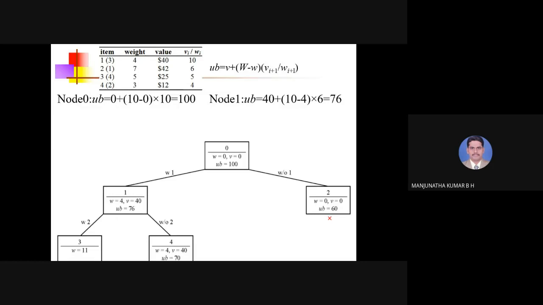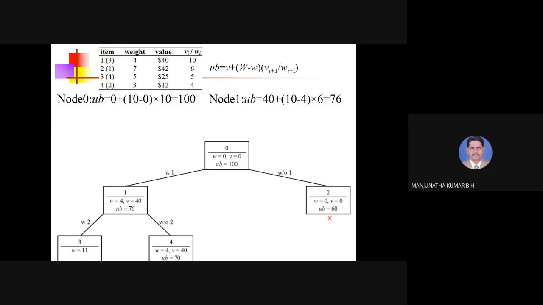So for node 0, the upper bound is calculated like this: V, the profit gained till now, is 0, plus W minus w. Big W means the maximum capacity, 10, minus small w, the total weight placed till now, which is 0. Then 10 minus 0 into V(i+1) divided by W(i+1), the profit weight ratio of the item.